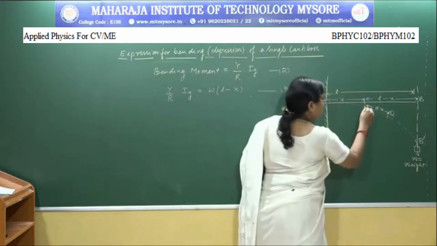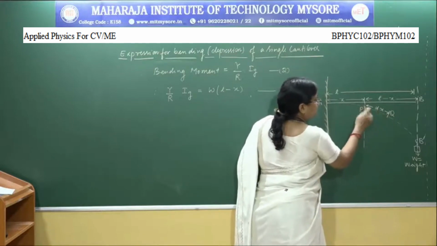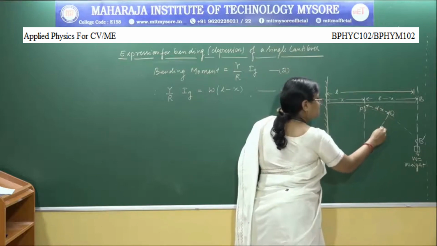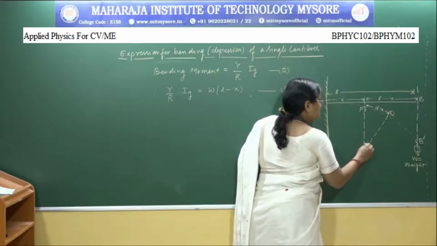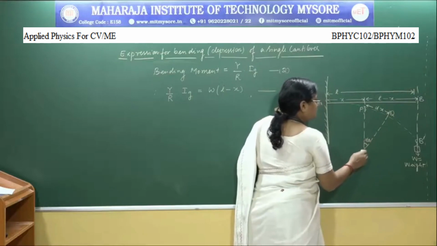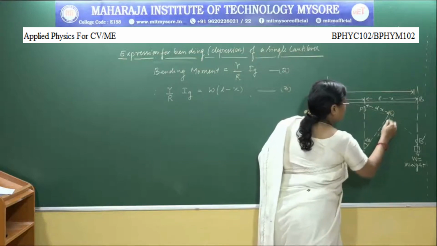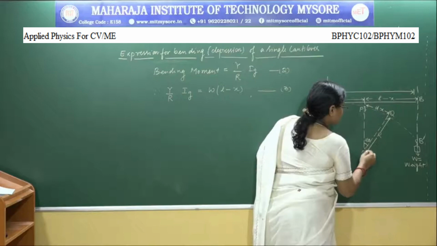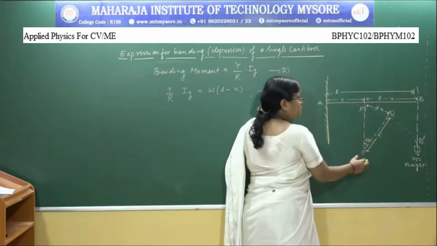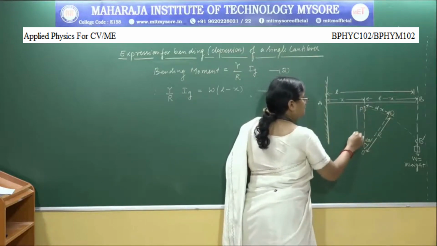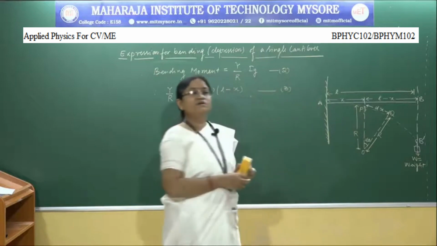Say this PQ is a part of a concentric circle which makes an angle d theta with the origin O, and the radius of curvature from point Q is R. As P and Q are very close, the length PO or OP will also be equal to R.